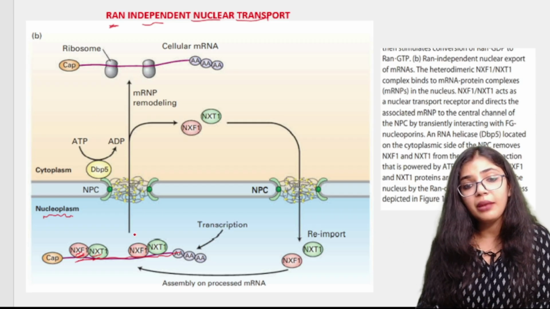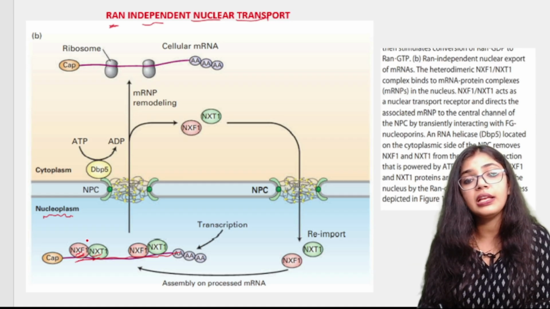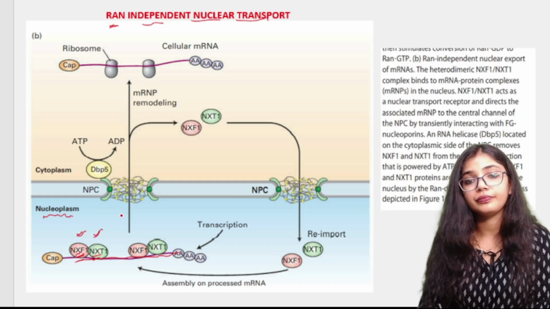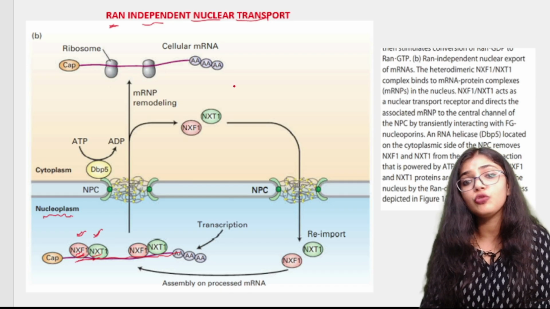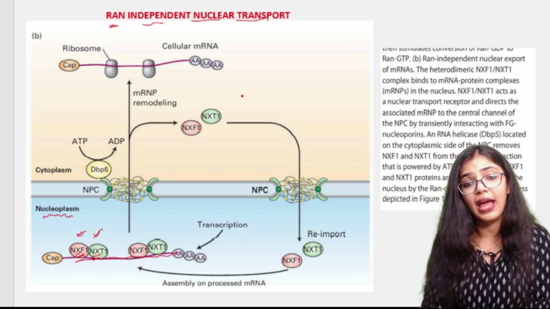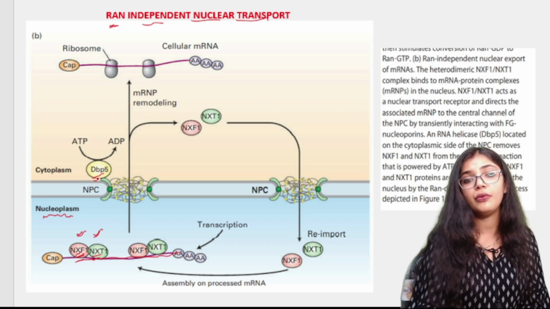When these are being transported without the help of any RAN protein, the mRNA is bound with NXF1 and NXT1. After the transfer, these two proteins need to be dissociated and recycled. For that, in the cytoplasm, there is one protein known as DBP5.